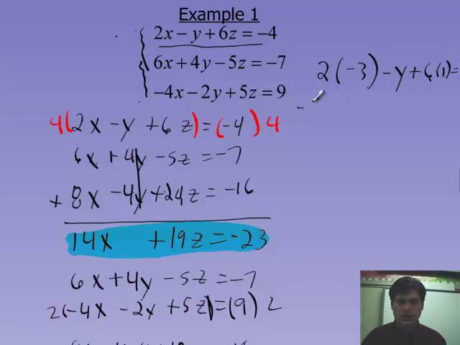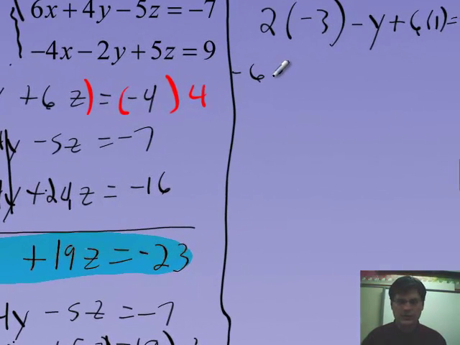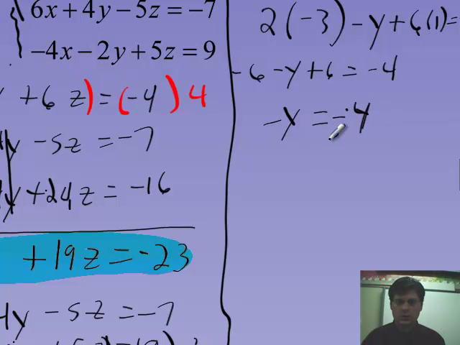So that's negative 6 minus y plus 6 equal to negative 4. The 6's cancel, so we're left with negative y equals negative 4, or y is equal to 4.